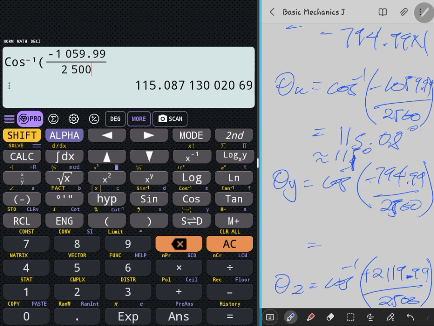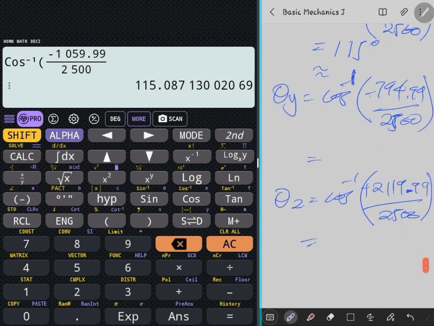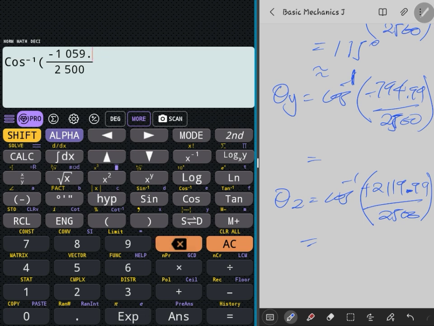Let me write this out. When it comes to degrees, generally we just make them whole numbers, right? So let's just write whole numbers. 115 degrees, right? And then theta y. Minus is there, so let's maintain it. 794.99, right?